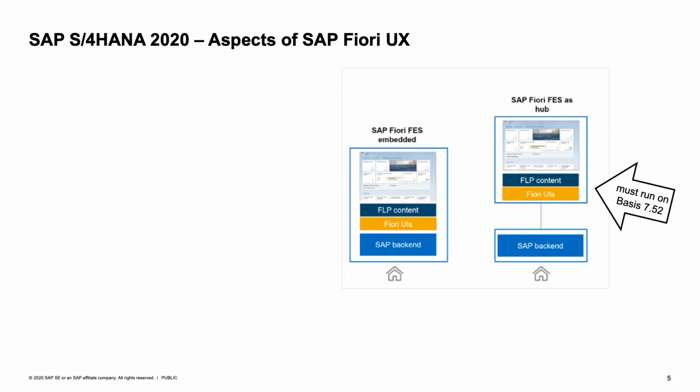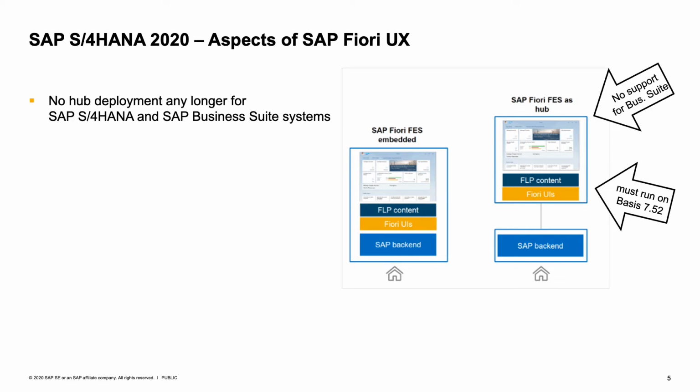In case you run the Fiori front-end server as a hub deployment for 2020, this then must run on basis 752. But even more important, a hub deployment for 2020 is not allowed for a front-end server that will also serve a system that is part of the classical SAP Business Suite.